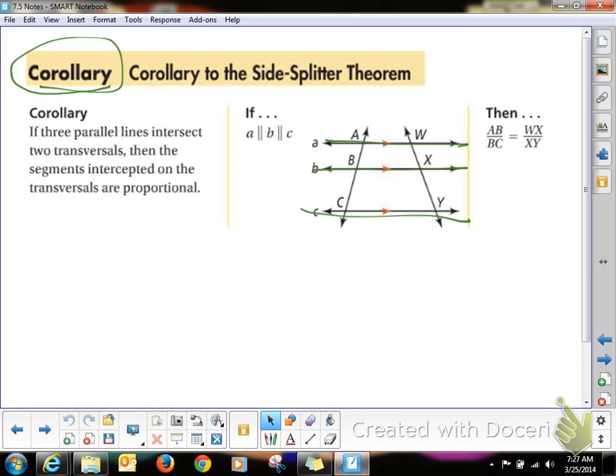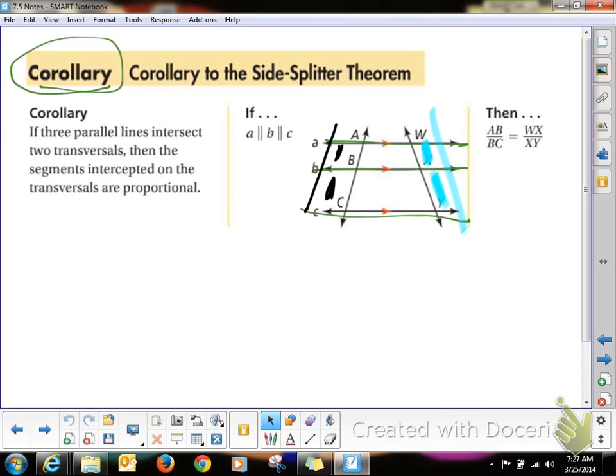If you have parallel lines that cut transversals, at least 2, then it cuts these pieces into proportional pieces. So AB over BC is equal to WX over XY. It's also true that either of these pieces over the whole is equal to the piece over the whole.